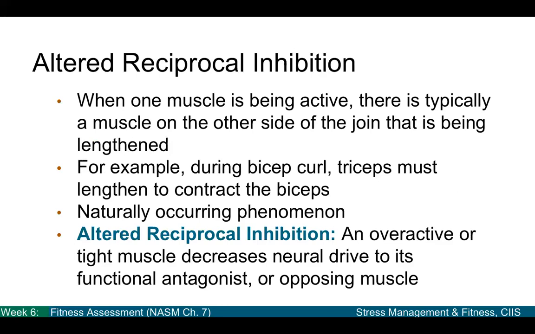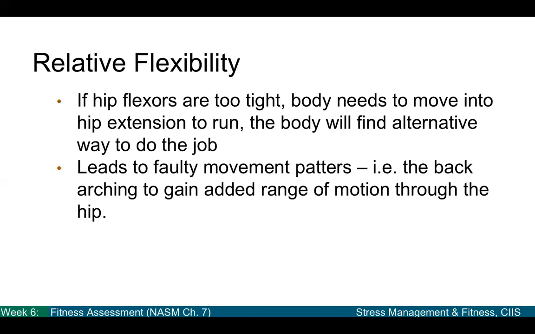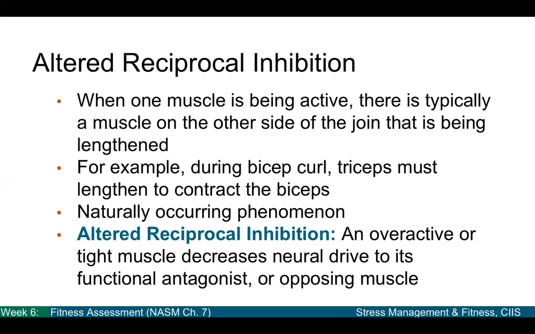What is altered reciprocal inhibition? So this is basically what relative flexibility can lead into. So when one muscle is being active, there's typically a muscle on the other side of the joint that is being lengthened. When we talked about different terms in our previous chapters, we did mention altered reciprocal inhibition, so we're just reintroducing this in a different context, okay?